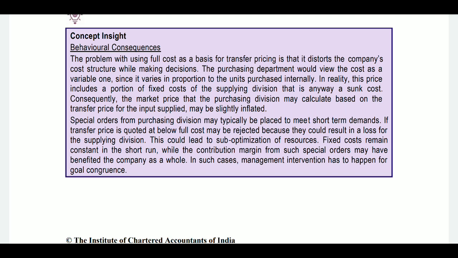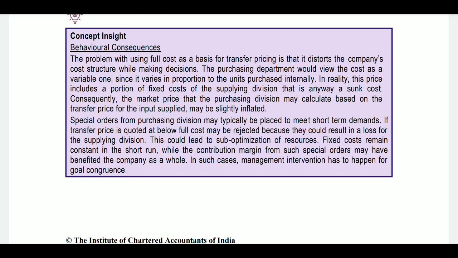Next, if you transfer at 100 rupees and they will not have any addition for them, then it will lead to sub-optimization of resources. Fixed cost remains constant in the short run, where the fixed cost for division A and division B is the same, but division A is adding that cost to division B, while the contribution margin for such special orders may have benefited the company as a whole.